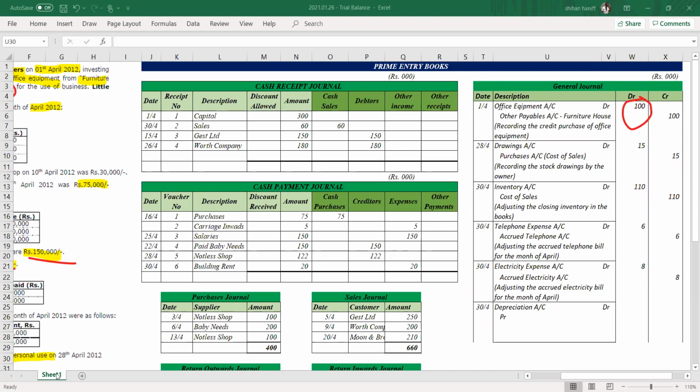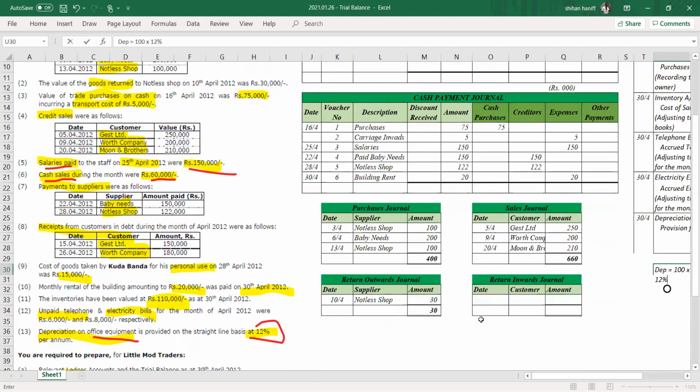Oh, 12,000. No, it's not 12,000. Depreciation account debit, provision for depreciation account credit. So depreciation is calculated 100,000 into, so they have said 12%, right?